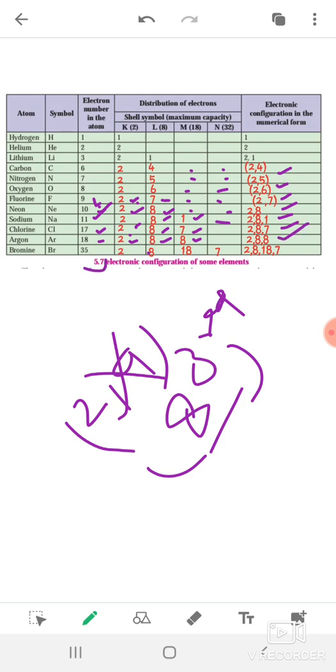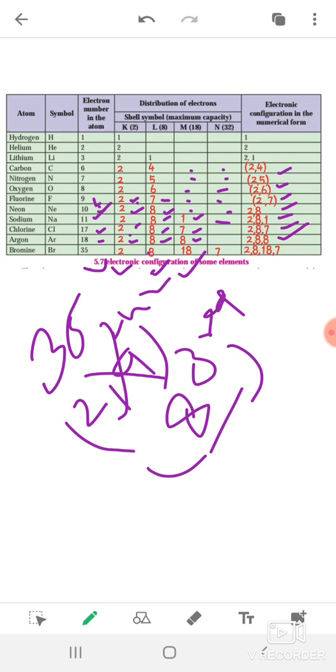Now last is bromine, that is 35. So we have to complete it. According to the first rule, 2n square, the first shell contains 2 electrons, the second shell may contain 8, and the third comes with 18.